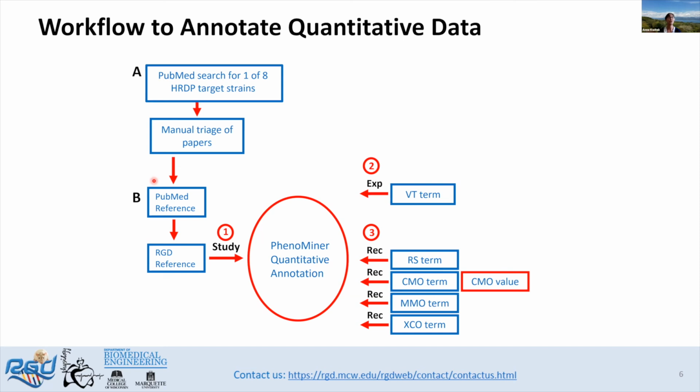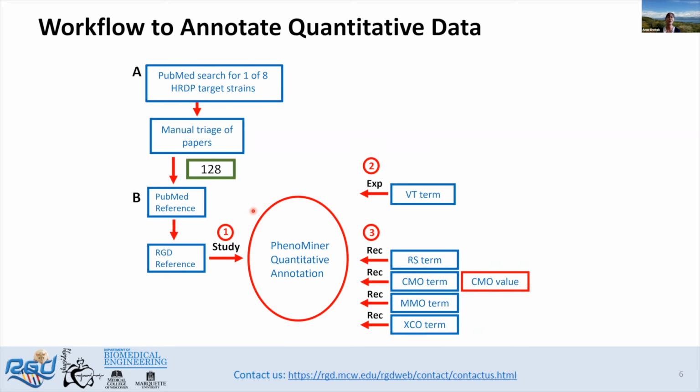You have to go through triage to make sure a paper actually has quantitative data that you can extract. Then that paper is annotated to bring in the measurements and the values of that measurement, along with the other terms that go along with that particular study.